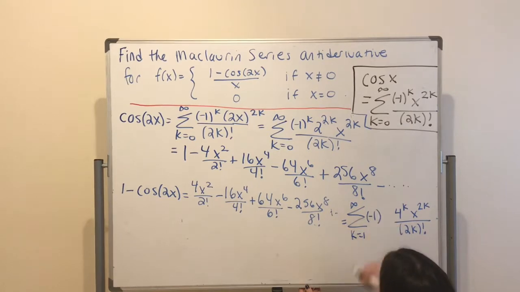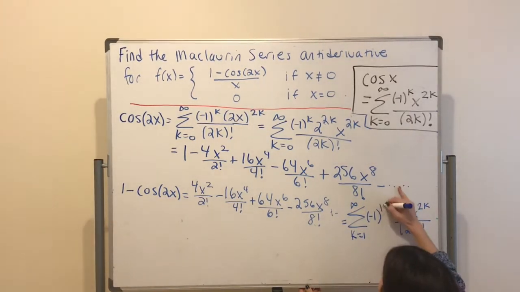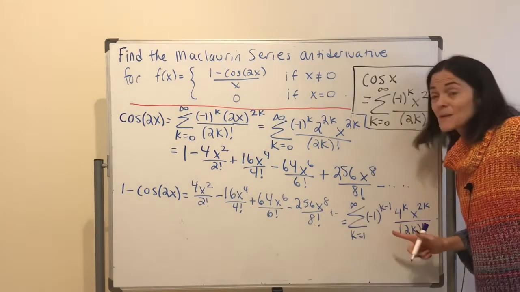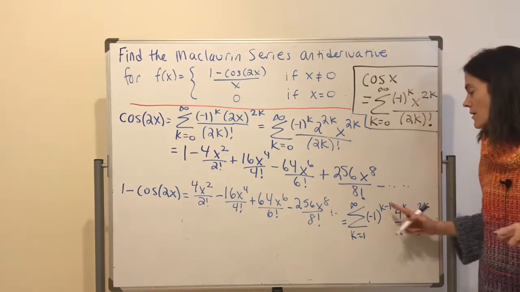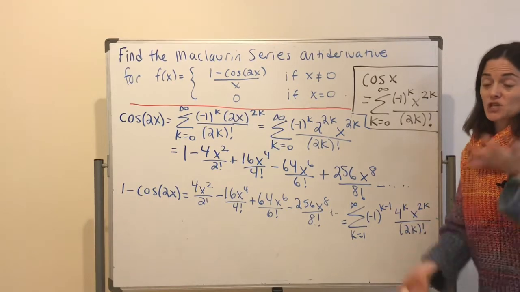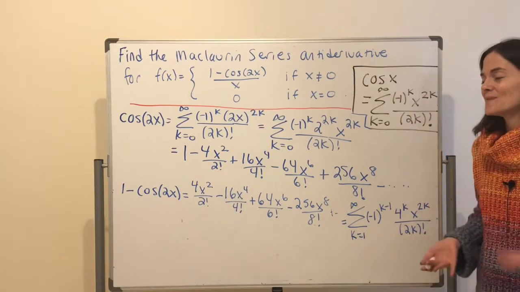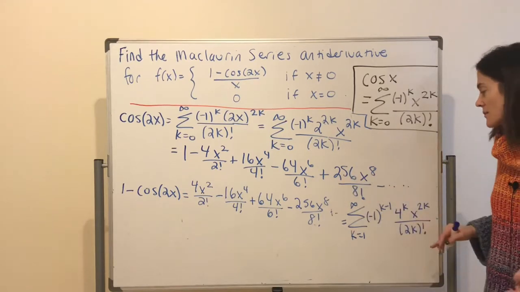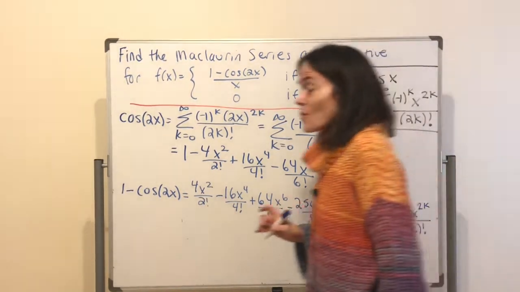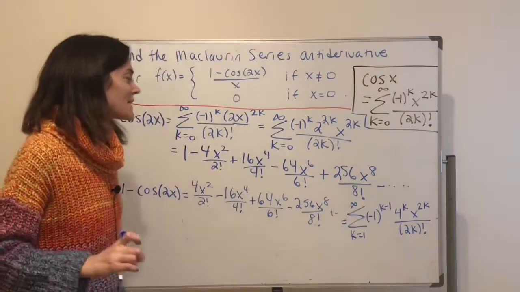If it was a minus 1 to the k, now, for example, you can either write minus 1 to the k minus 1 or minus 1 to the k plus 1. It's the same thing, but we've just shifted the sign of each term by multiplying through by -1. Now, one final step, and then we will integrate.